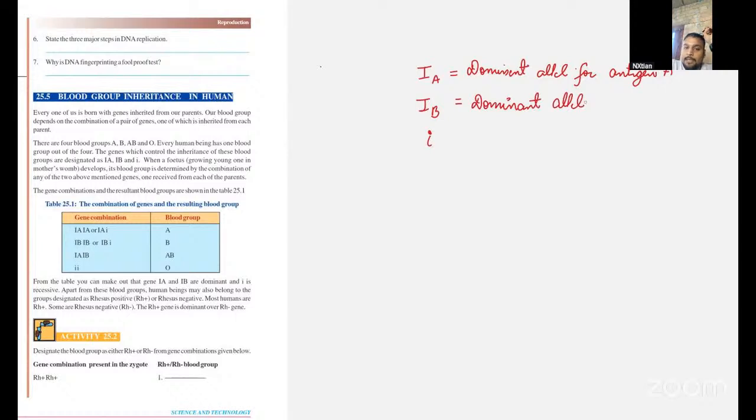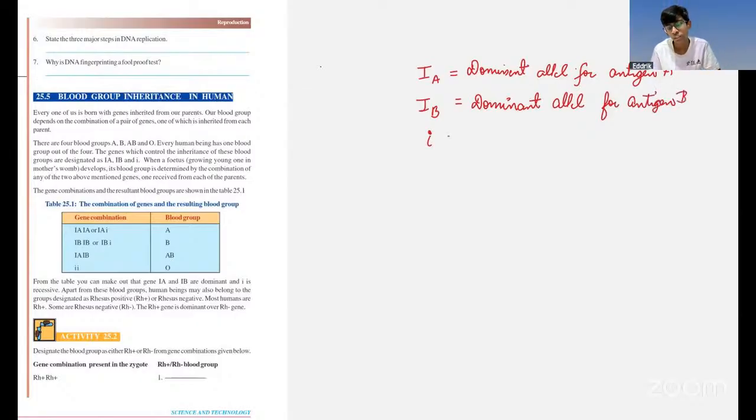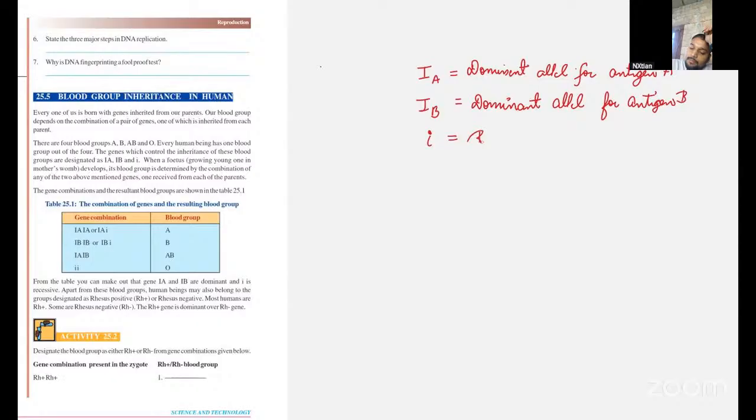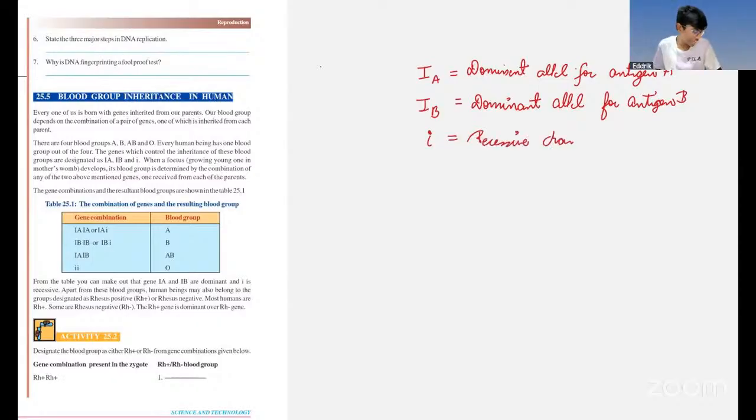So capital IB is the dominant allele for antigen B, and this small i is the recessive character. It expresses only when IA and IB are not present.